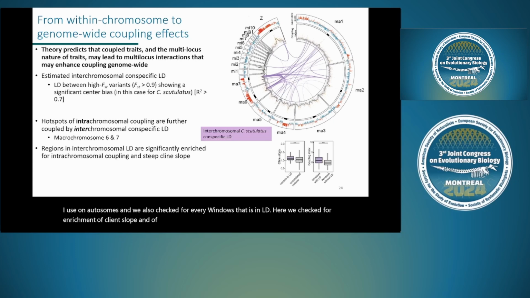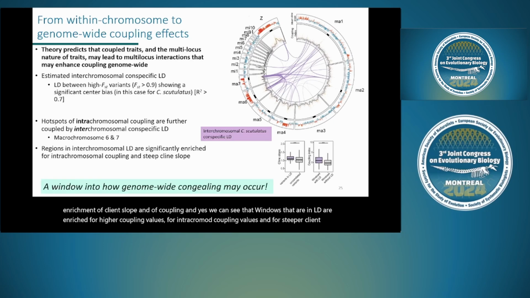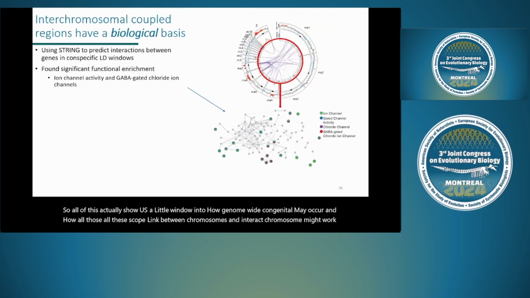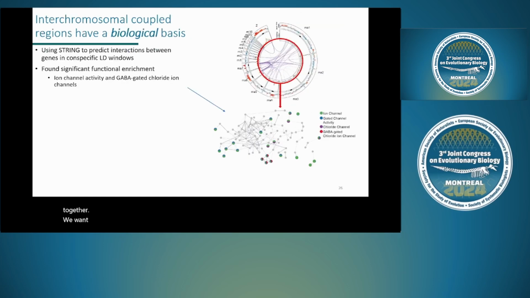And yes, we can see that windows that are in LD are enriched for higher intrachromosomal coupling values and for steeper cline slopes. So all of this shows us a little window into how genome-wide congealing may occur and how coupling between chromosomes and within chromosomes might work together. But we went a bit further, so we wanted to see if we could assess the biological basis of this.